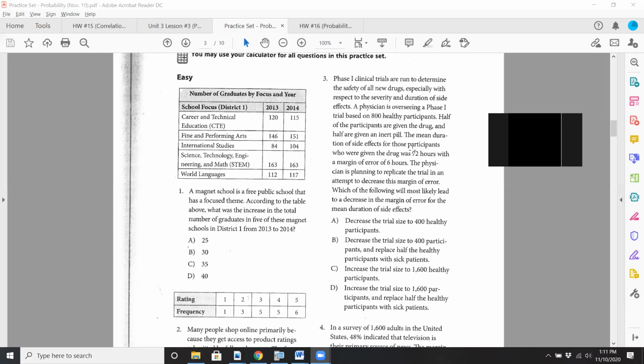The mean duration of side effects for those participants who were given the drug was, sorry, 72 hours, with a margin of error of 6 hours. The physician is planning to replicate the trial in an attempt to decrease the margin of error. Which of the following will most likely lead to a decrease in the margin of error for the mean duration of side effects? Okay, so 800 people were part of the study.